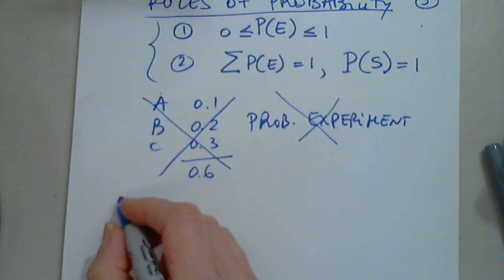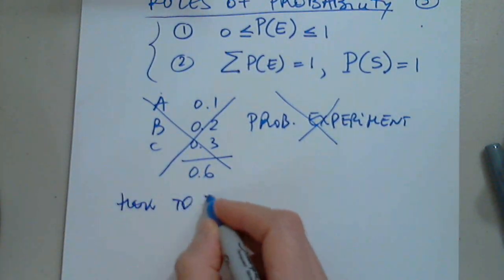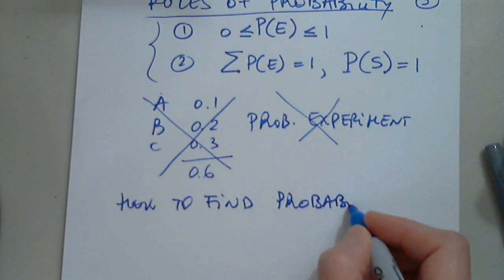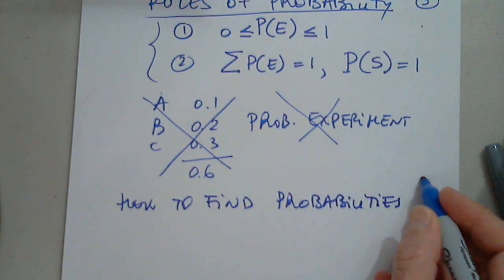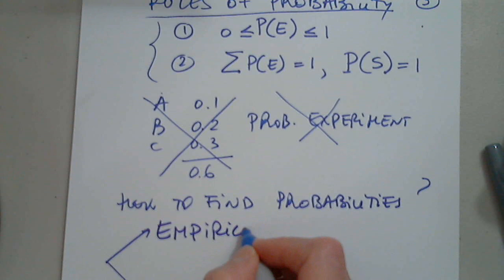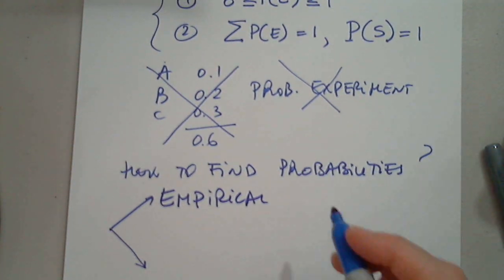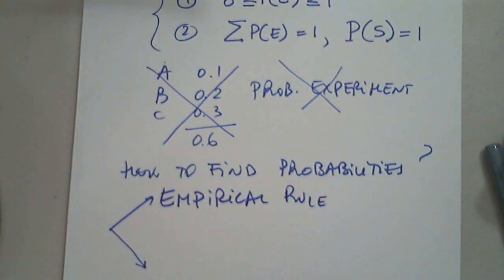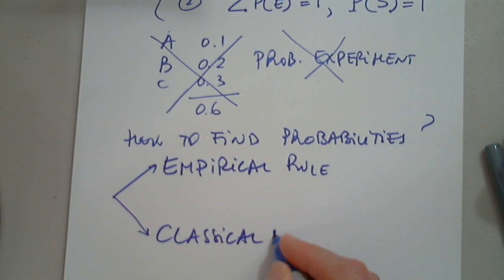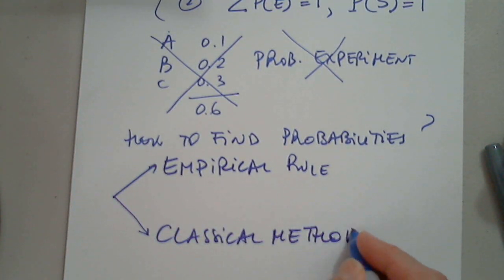Okay. How to find probabilities? Two different ways. One is called the empirical rule, and the other one is the classical method. What's the difference? And do we get the same thing? Okay.